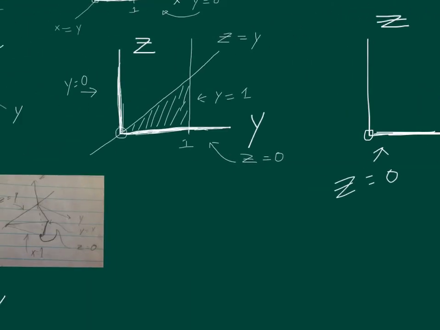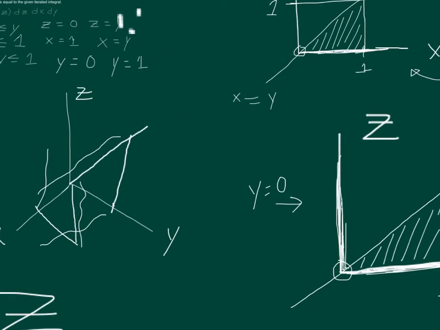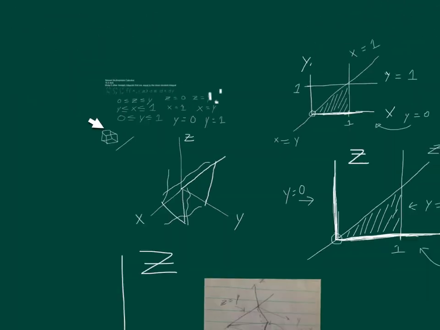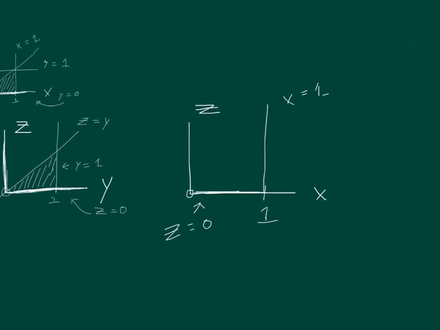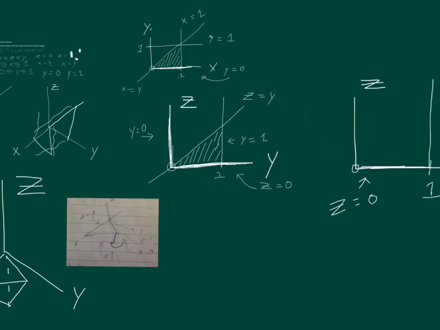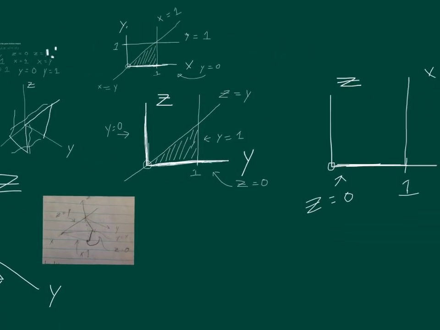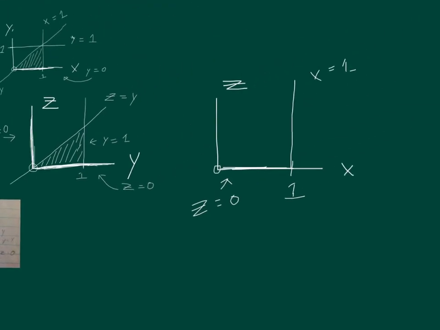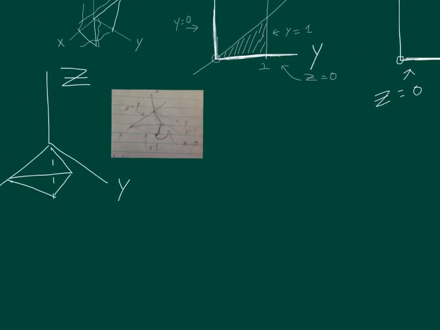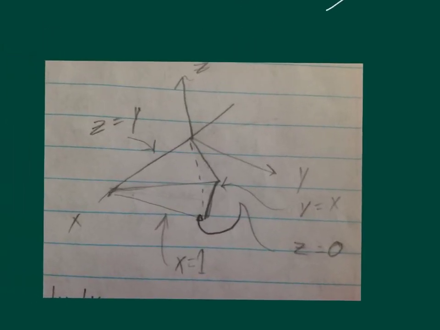And so if we look at the other equations in z, we have z is equal to y. Well, z is equal to y can't actually be viewed from the zx axis. So you're probably wondering, what can we put to actually bound this region and figure out what it would look like? Well, it takes a bit of projection.